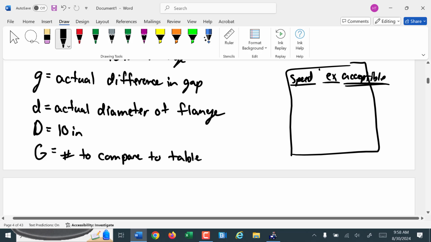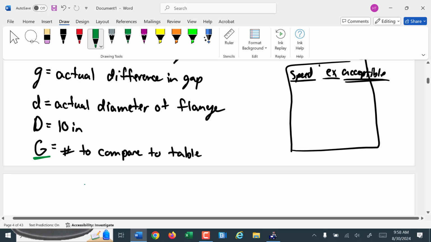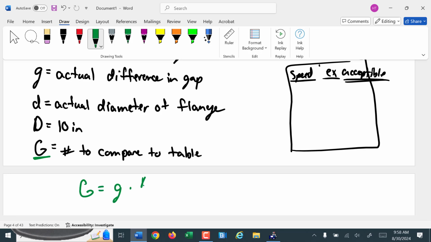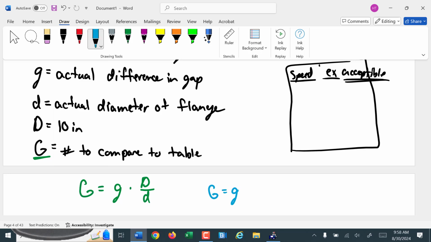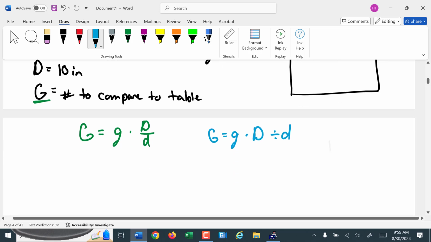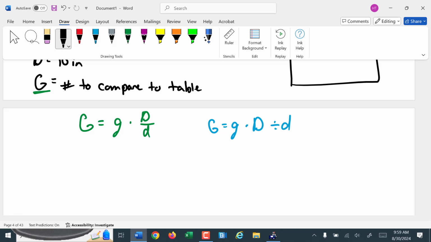And capital G is the number to compare to the table. So our formula to get capital G to compare to the table is little g times big D over little d. Now in reality, on the calculator, you're just going to type in little g times big D divided by little d.